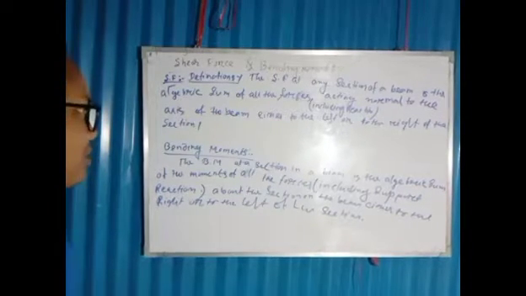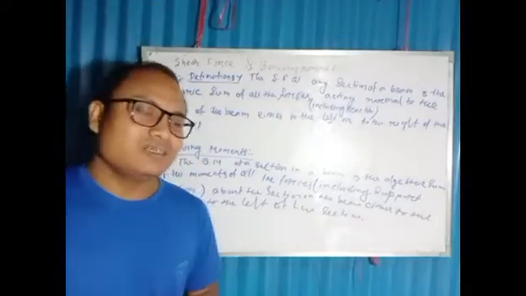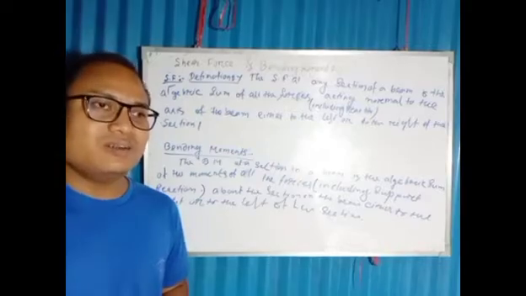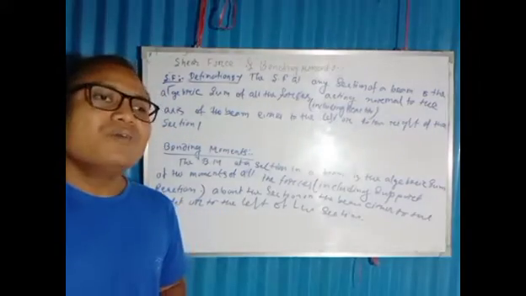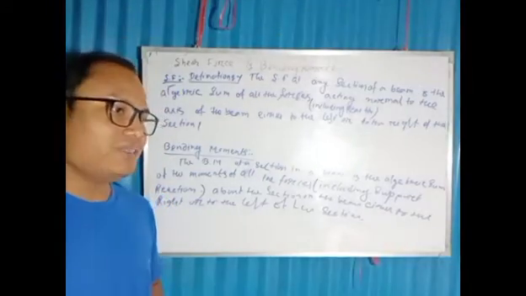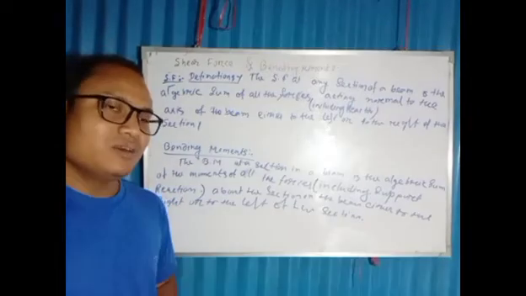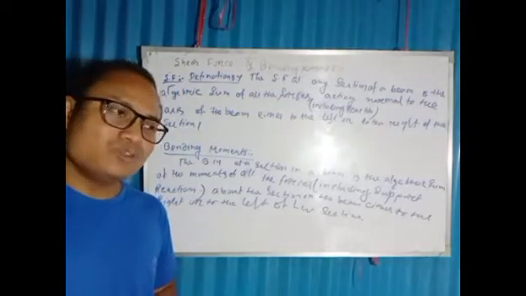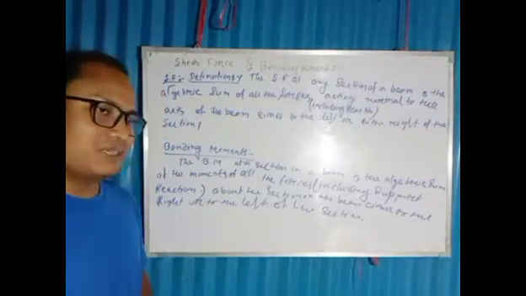That means the bending moment at the section of the beam is the algebraic sum of the moments of the forces which are acting on the beam, either to the left of this section or to the right of the section.